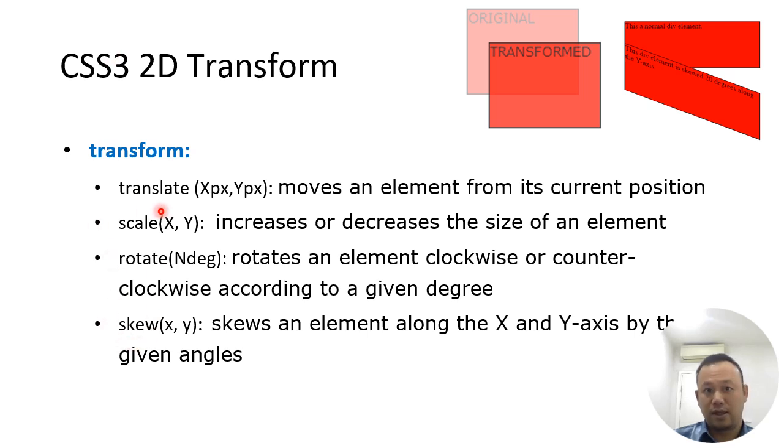The translate method moves an element from its current position, and the rotate method rotates an element clockwise or counterclockwise according to the given degree. We also have scale. The scale method increases or decreases the size of an element. And we have skew. The skew method skews an element along the x and y axis by given angles.